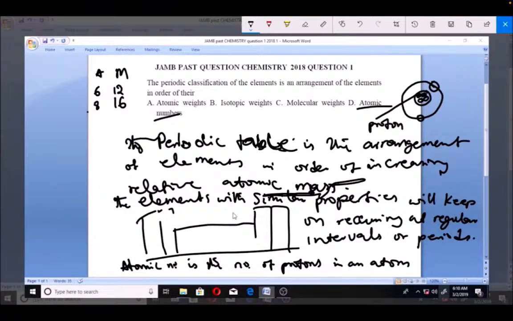So you find out that if you have an element with atomic number of 1, you're going to have the one of 2, you're going to have the one of 3. So something like that. So you have these arrangements in the periodic table actually according to their atomic numbers. Or in this case, you have atomic masses. And atomic masses is also a function of the atomic number. So it is not atomic weight, it is not isotopic weight, and it is not molecular weight. So the right option is the atomic numbers.